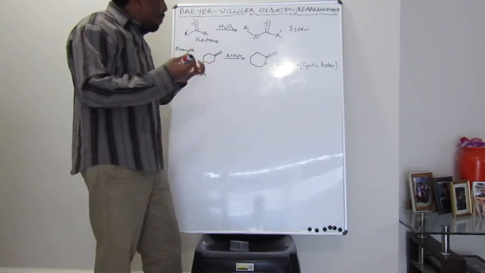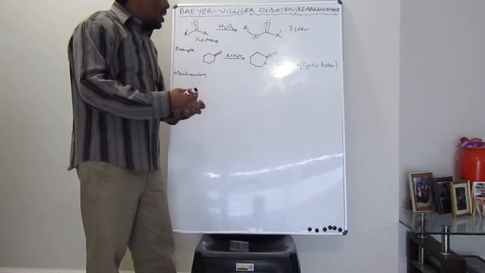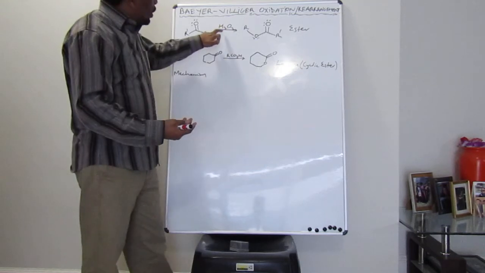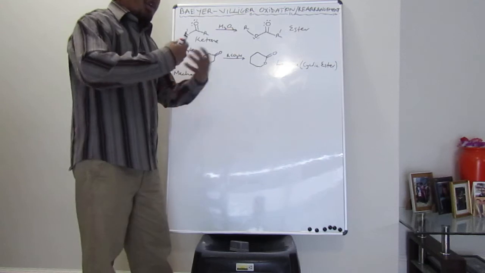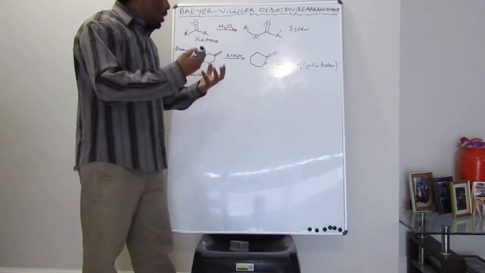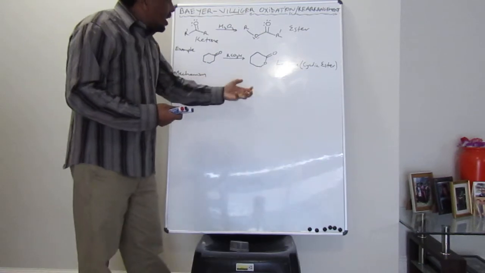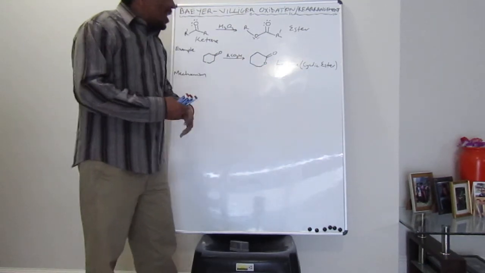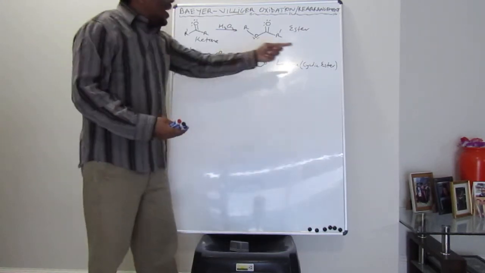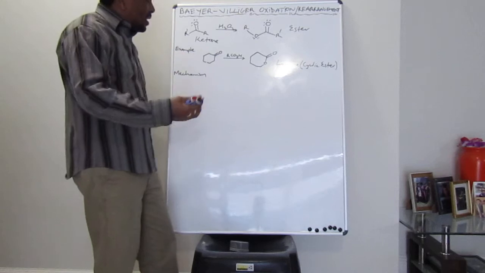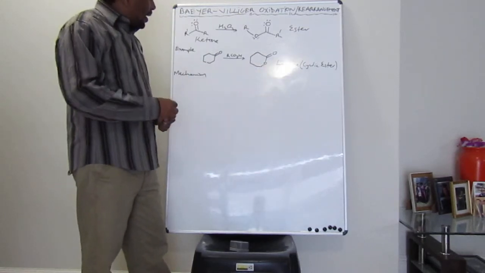A peroxy acid is nothing else but the equivalent of a hydrogen peroxide, more like an organic peroxide, if I were to put it that way. Then what does it generate? It gives us what we refer to as a lactone. A lactone is still an ester, but what kind of an ester? It's a cyclic ester, so to speak.